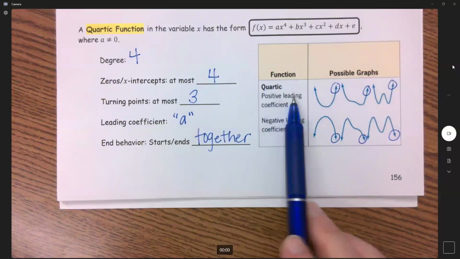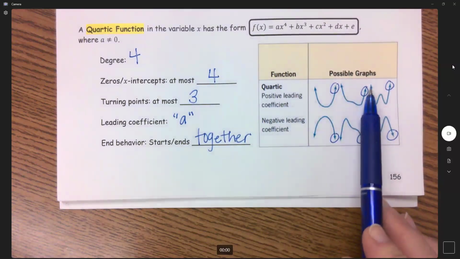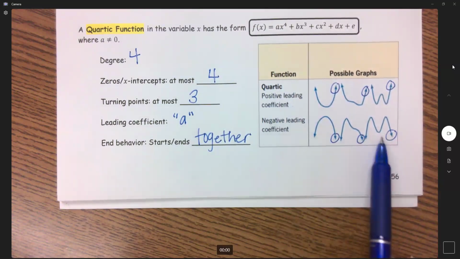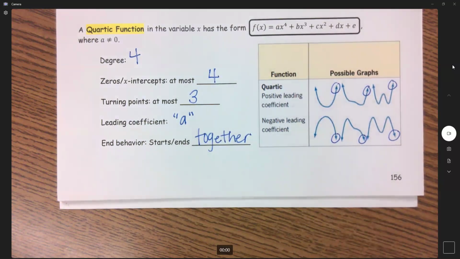So if we have a positive leading coefficient, meaning it ends up, it also always starts up. If I have a negative leading coefficient, it ends down, but that also means these all start down. So they will either both start and stop up or start and stop down.